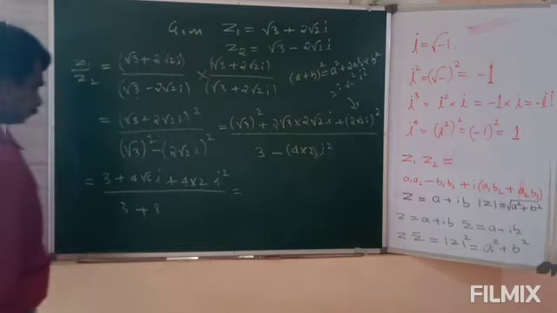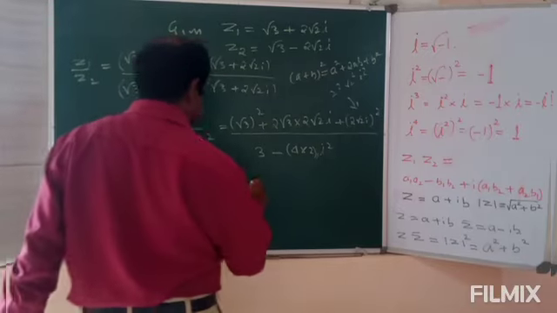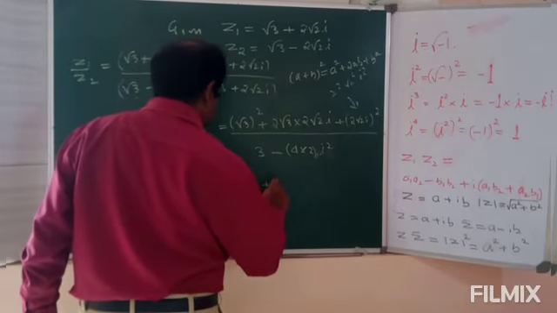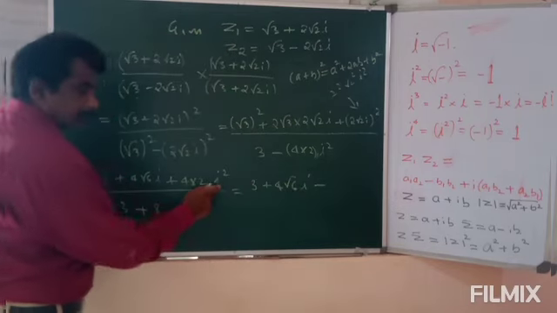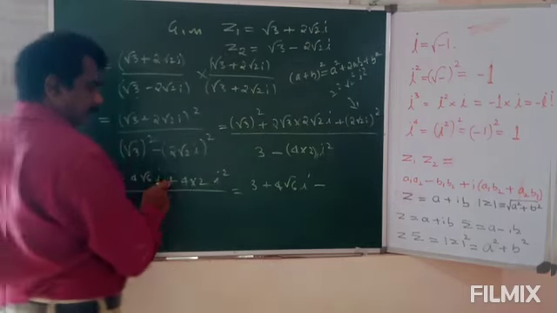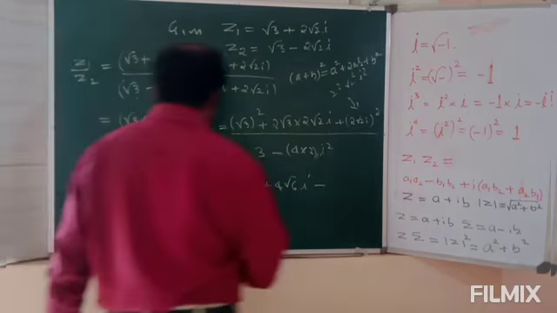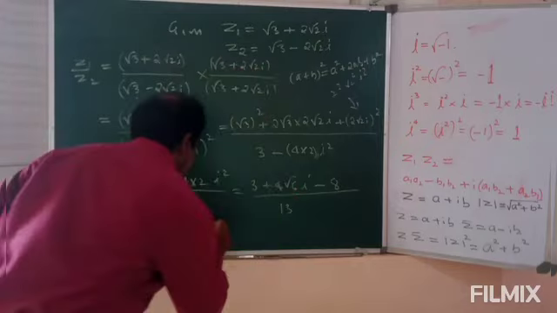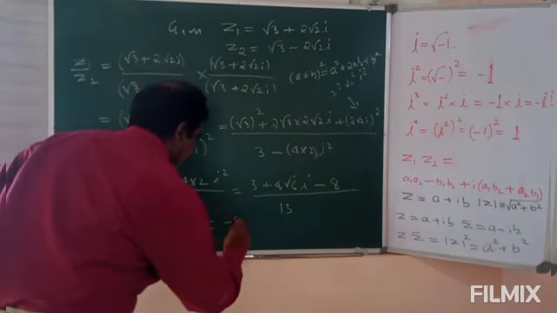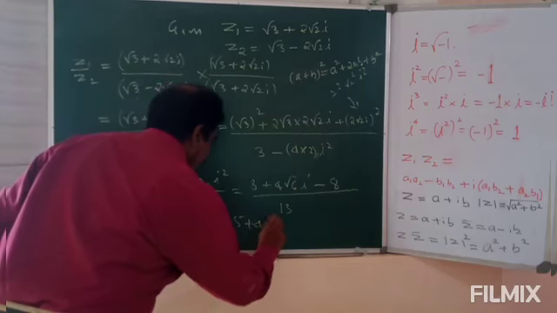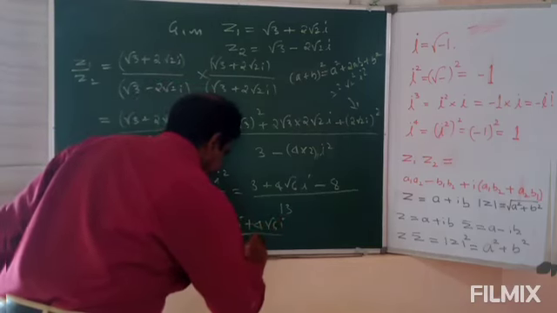That is 3 plus 4 root 6i minus 8 by 3 plus 8, that is 11. Numerator 3 minus 8 is minus 5, plus 4 root 6i by 30.